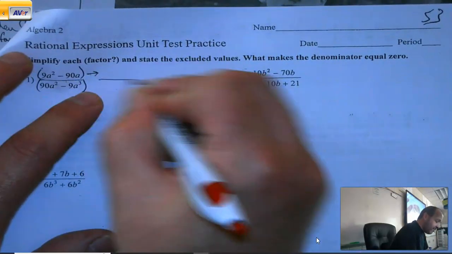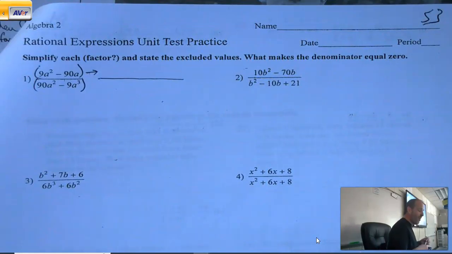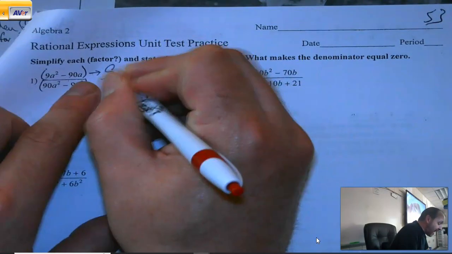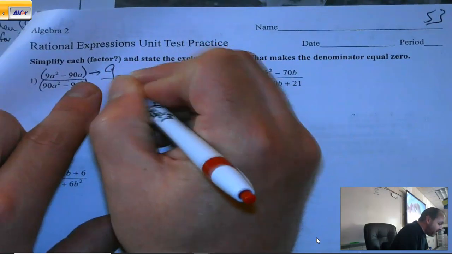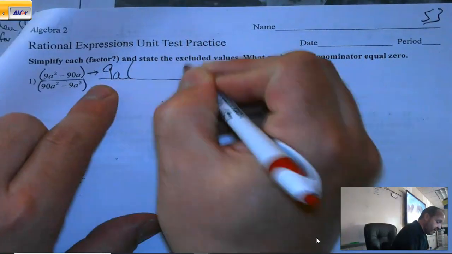So, the first job of any and all factoring problems: figure out what's in common. So up top there in the numerator, what do they got in common? I agree with 9. I agree with A. If we were doing an LCD, it would be squared. But if we're just looking for a common factor, we're going to take the smallest one there.